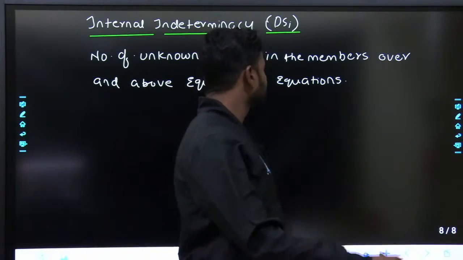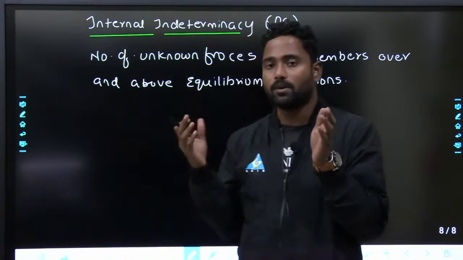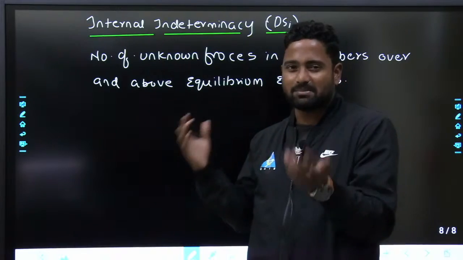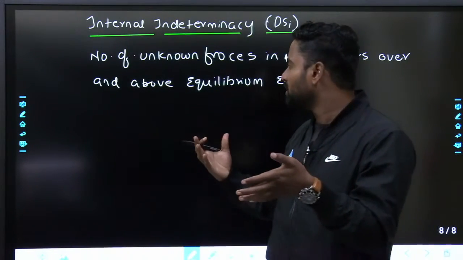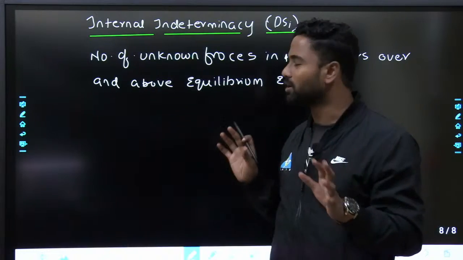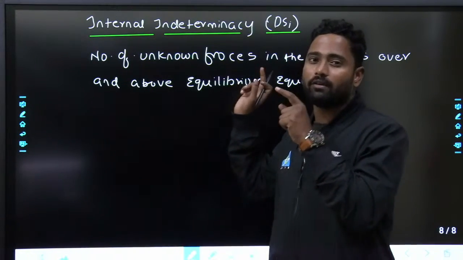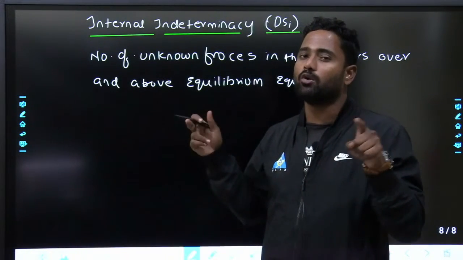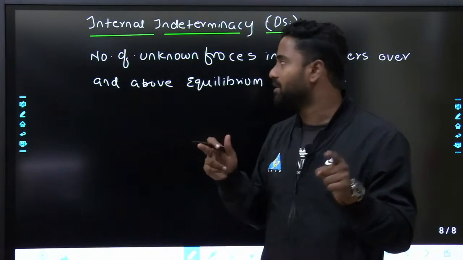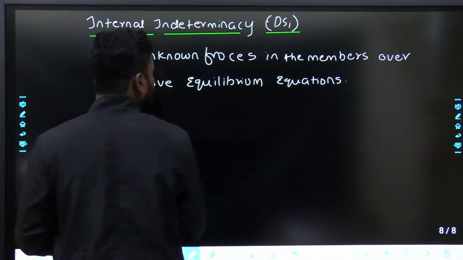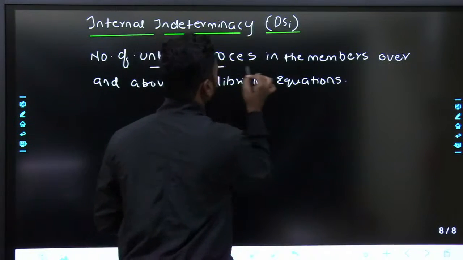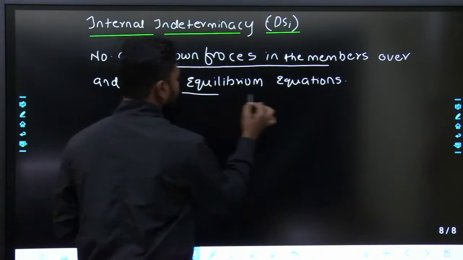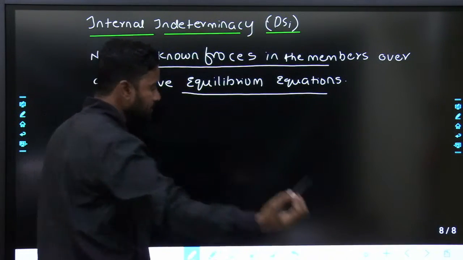Number of unknown forces in the members over and above the equilibrium equations. Why I am repeating this many times is, if it enters your brain, automatically you will solve every question. That is the number of unknown reactions, and this is the number of unknown forces. Please get the difference in this. Number of unknown forces in the members over and above the equilibrium equations. Fine. The same exercise. First, I'll take beams.